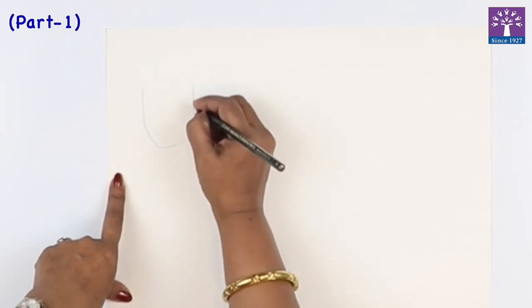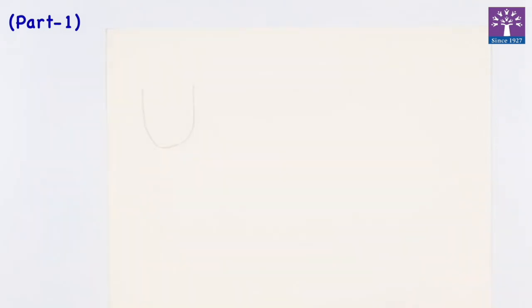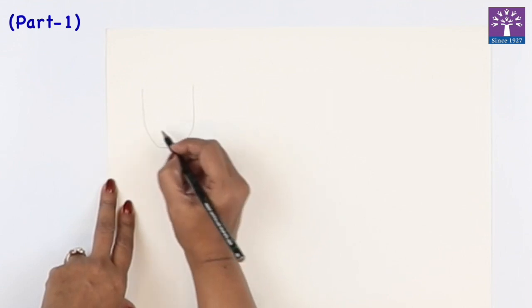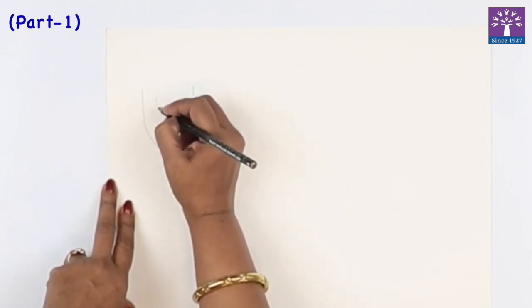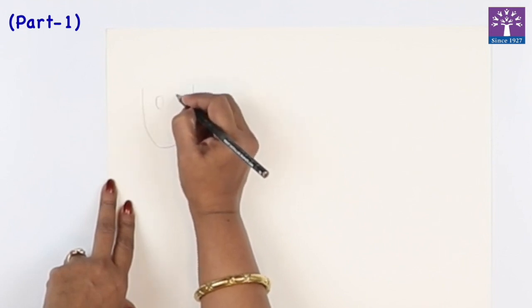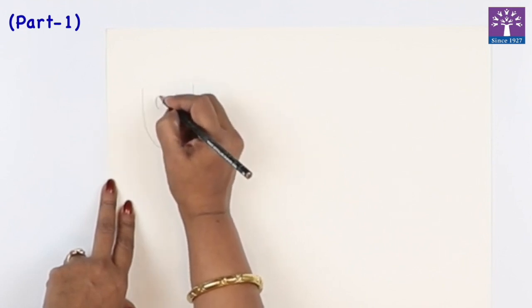This is a letter U. We are going to learn how to draw different expressions for our funny face and funny hair. Now if you want to make a happy face, let's draw some eyes. Two eyes.